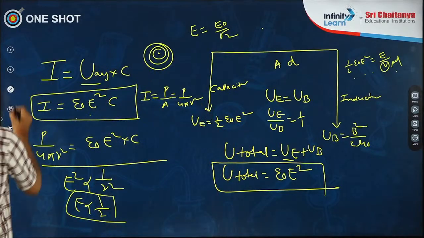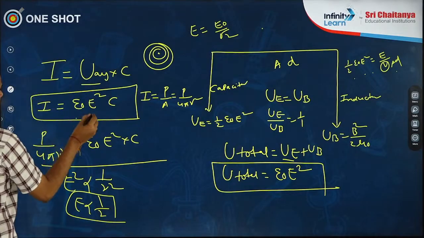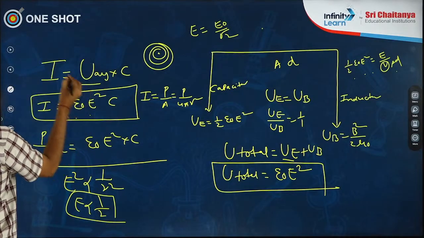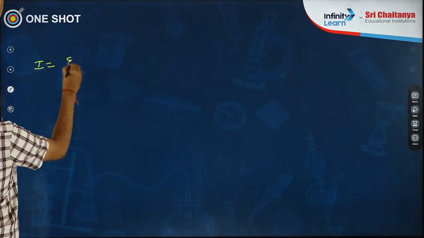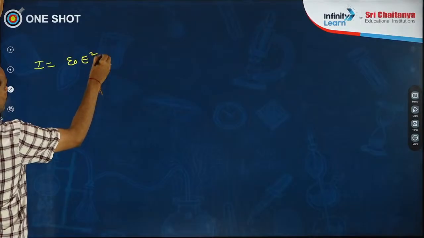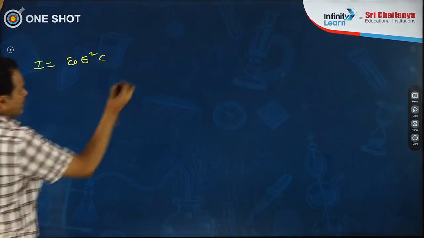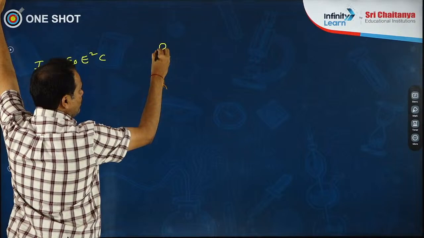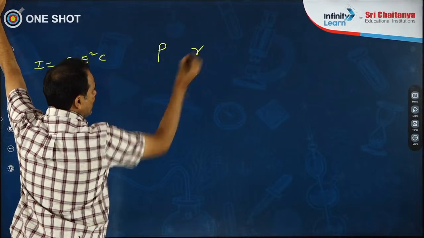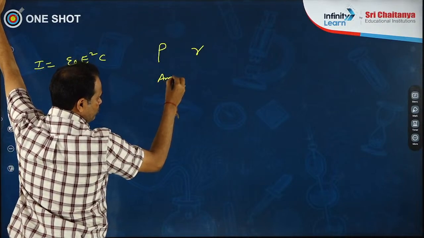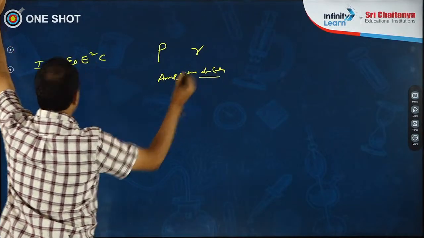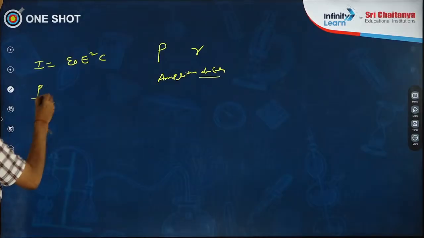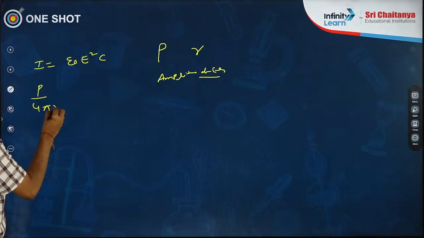The next main point: the intensity of the electromagnetic wave, the formula we got, is epsilon naught into E square into C. But if the power of the bulb is P, at a distance R, and the amplitude of the electric field is asked, the bulb is assumed to be a point source, so intensity is P by 4 pi into R square.